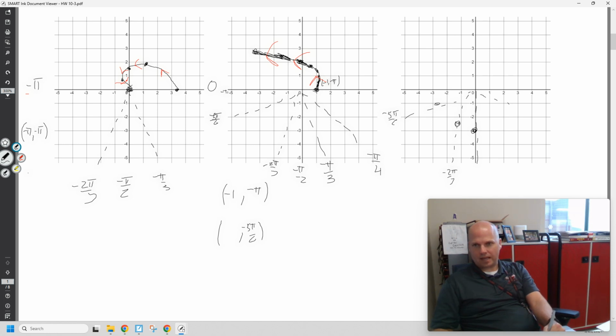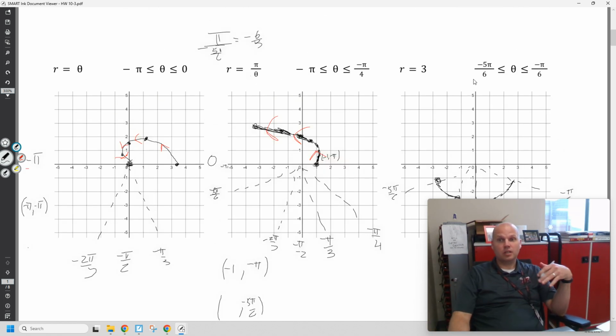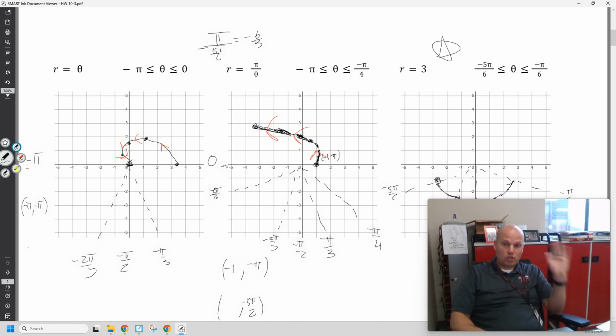All the way to the angle of negative pi over 6, we're going in that direction. So this would be the graph, kind of like what we expected. The only difference is I threw in negative angles, but just because we have negative angles doesn't mean we have negative radii. So this was a little trick. We don't have negative radiuses, we have positive.